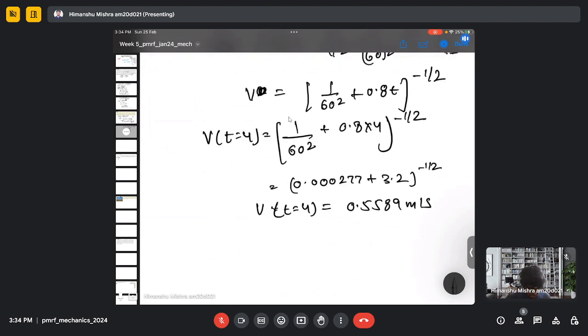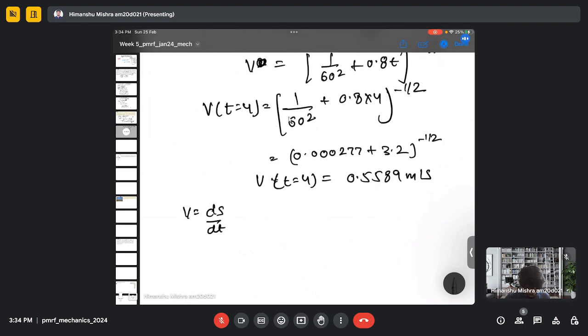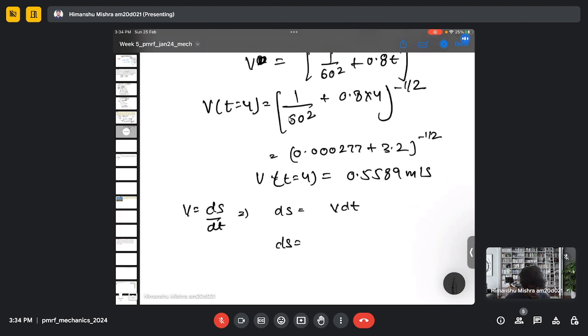Now we need to find the position. So we can write velocity as ds by dt, and ds will be v dt. So this ds will be 1 by 6 square plus 0.8 t to the power minus 1 by 2 dt.